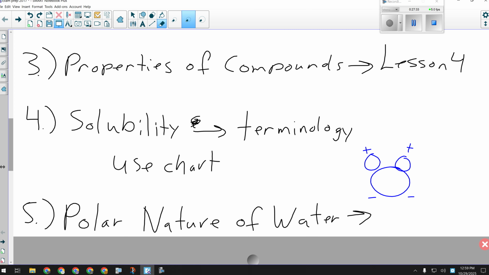Now, if another water molecule starts to move towards this one, its negative end and the positive end of the one I've drawn already are going to what? Yeah, they're going to attach to each other. They'll be attracted to each other because opposites attract. And because this end is negative, they will form a bond. What kind of bond? A hydrogen bond. Hydrogen's involved, so it's a hydrogen bond.